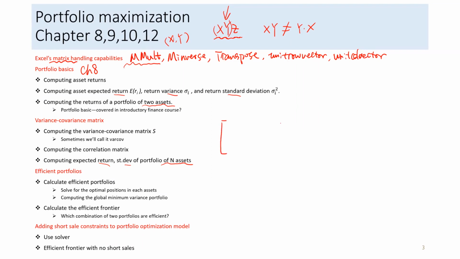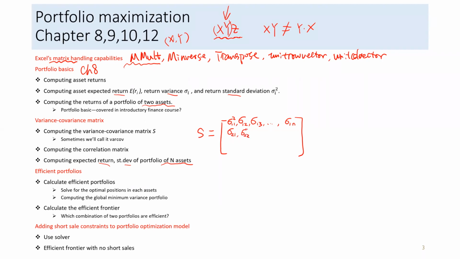So we're going to have a matrix, we call it matrix S, equals to the variance of 1, 1, and the covariance between 1 and 2, and the covariance between 1 and 3, and all the way to covariance between 1 and n. And the next row is the covariance between 2 and 1. Here is the covariance between 2, 2.